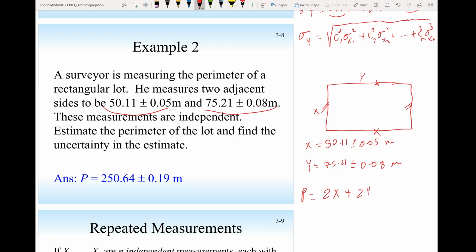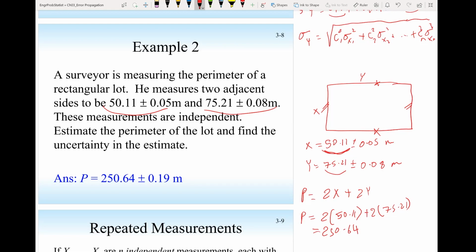To find the value of the perimeter, it will be 2 times 50.11 plus 2 times 75.21, and if you calculate this, you should get 250.64. So that's the perimeter.